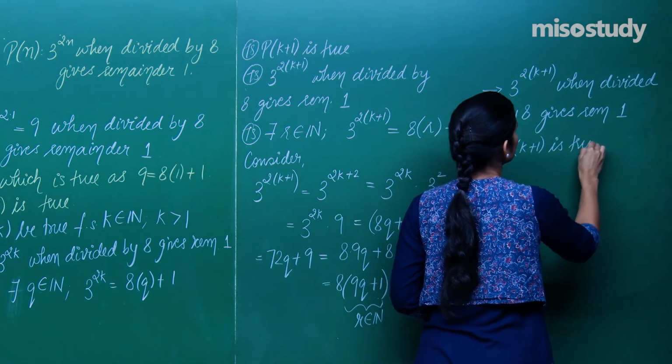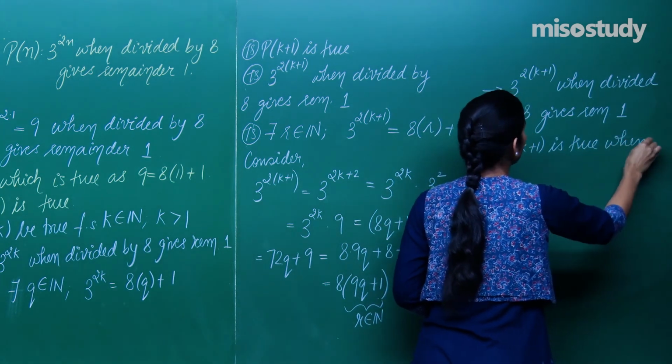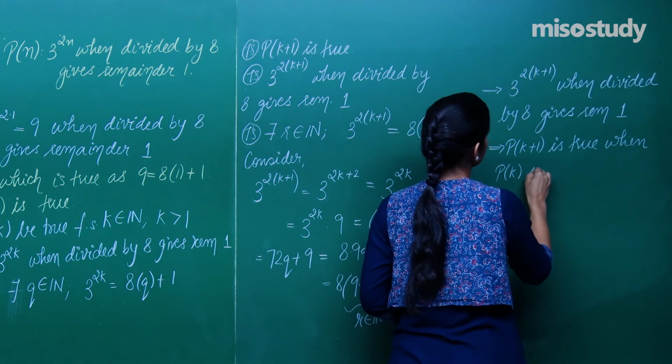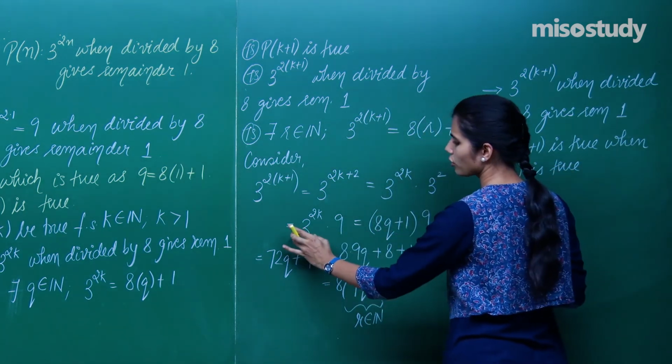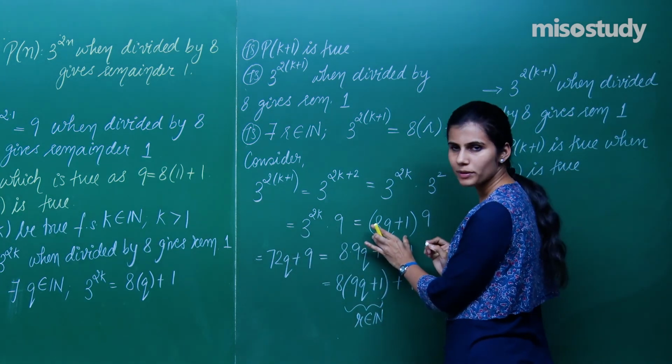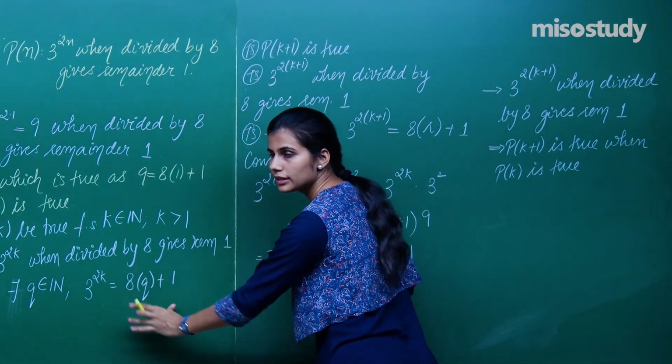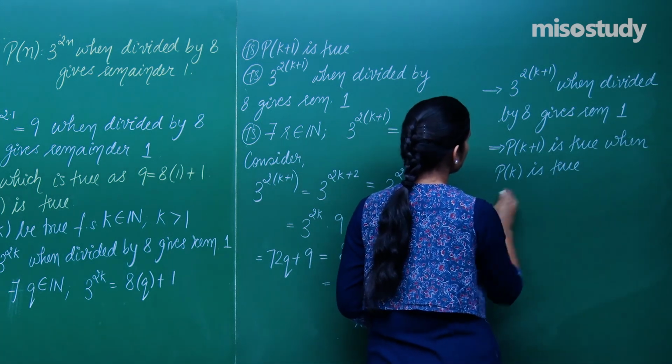That is what is Pk plus 1, assuming that Pk is true. We assumed Pk is true, and that is what we used in order to replace 3 to the power 2k by 8q plus 1, because that was what was already holding, right? Pk plus 1 is true when Pk is true.